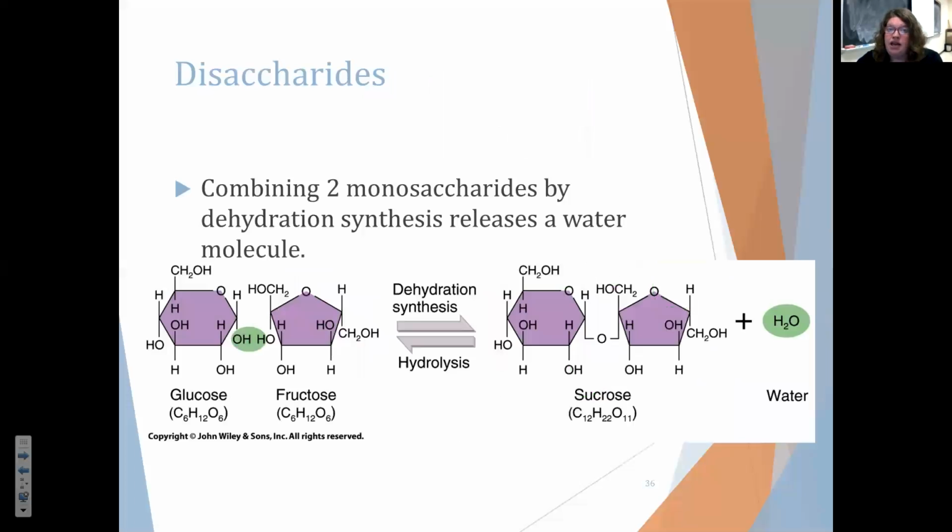If we combine two of these subunits by dehydration synthesis, this figure shows where the water is formed. In lieu of that, we form a bond, and this has formed sucrose. We form this by dehydration synthesis, and we break it down by hydrolysis. Those two reactions are the exact opposite of one another.